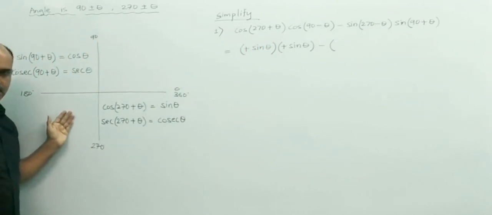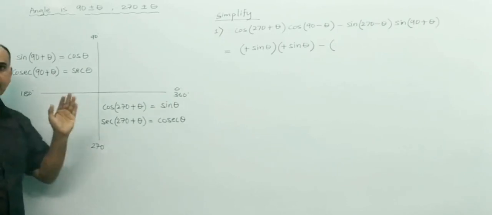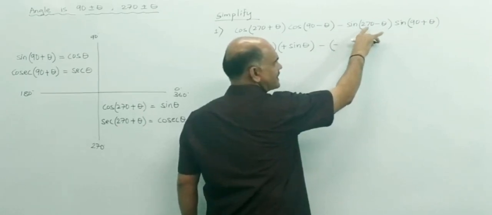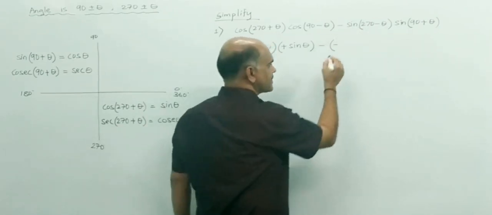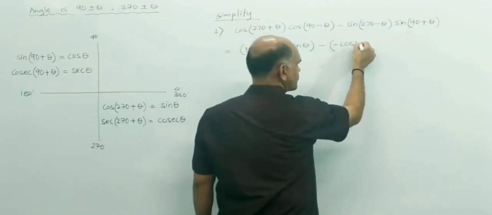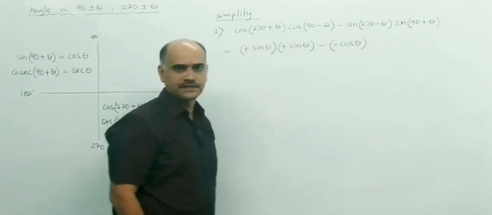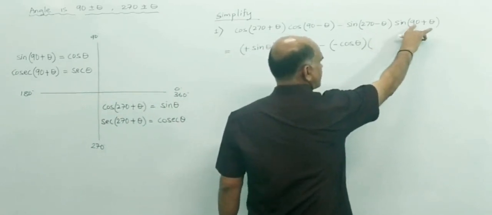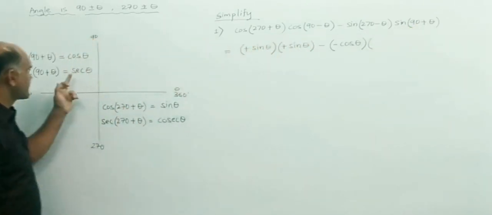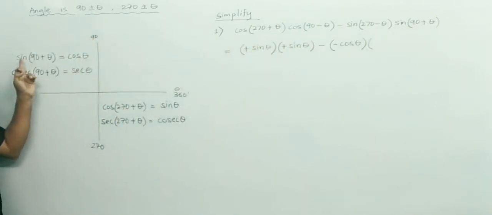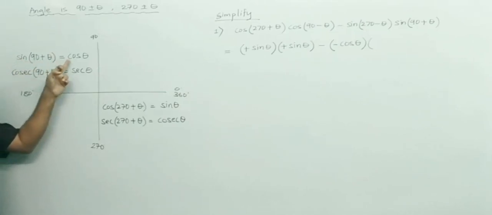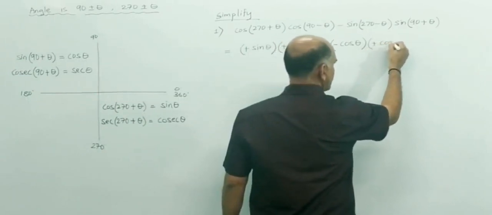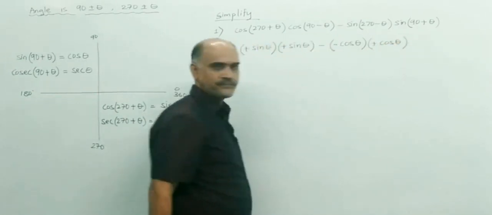In third quadrant sine is negative. So you will have minus. 270 is there, so sine gets converted to cos. So minus cos theta. Sine 90 plus means it is in second quadrant. Sine 90 plus theta means cos theta. So you will have plus cos theta.